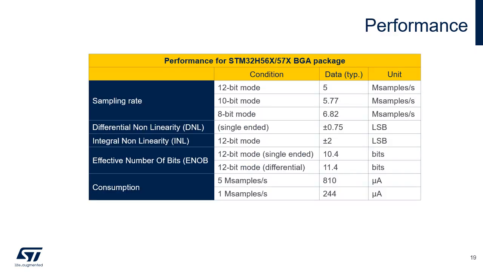The following table shows performance parameters for the ADC regarding the STM32H562 and STM32H57x BGA packages. For STM32H503, please refer to the datasheet. All values are preliminary. Performance is package dependent, so please refer to the datasheet or application note for the package and product dependent information.